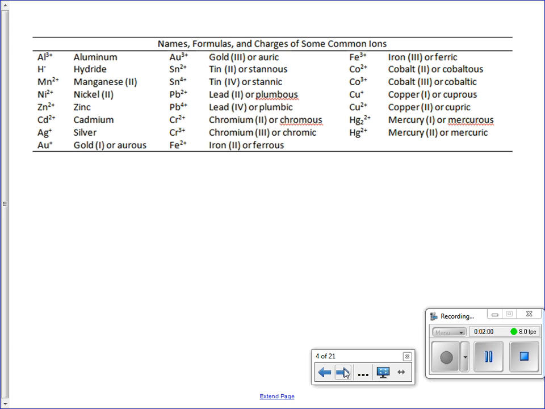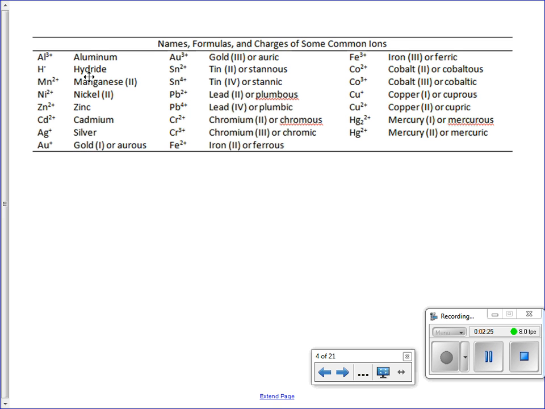All right, next we have common formulas and charges for some common ions. Notice that most of these are transition metals. There are a couple of exceptions here. You should know just by looking at aluminum on the periodic table that it always carries a +3 charge. The second one is hydrogen. When it's carrying a negative charge, it's called hydride.